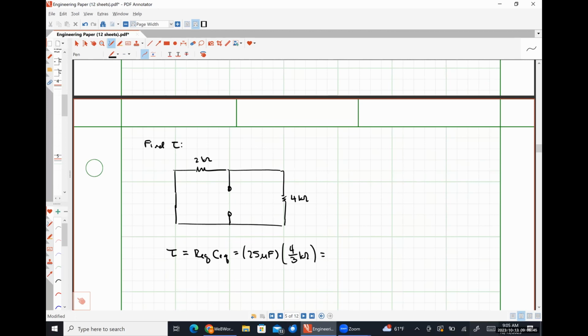Throwing that into the calculator. Let's see. So 25 times 10 to the minus 6 times 4/3 times 10 to the 3. It's giving me some syntax error, so let me do this manually.